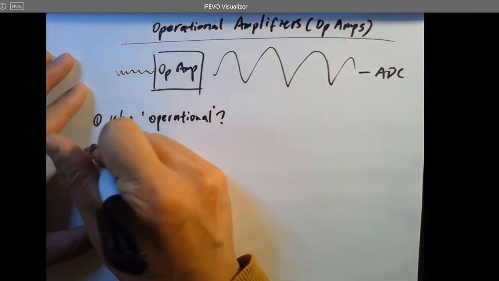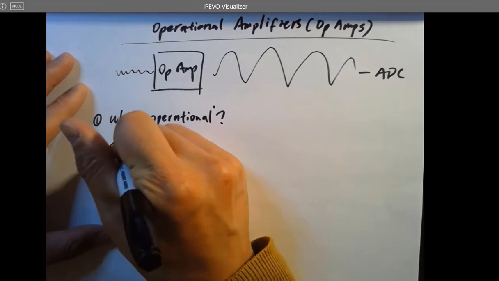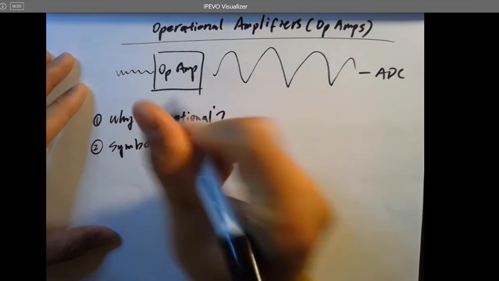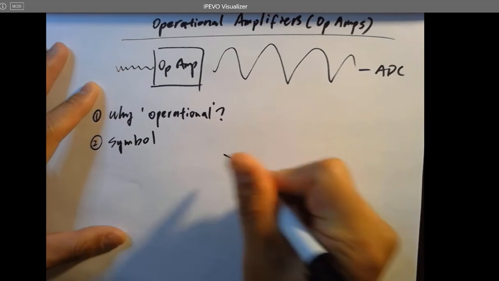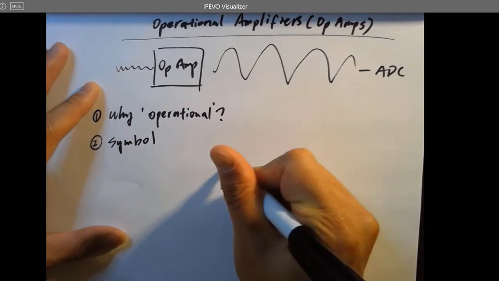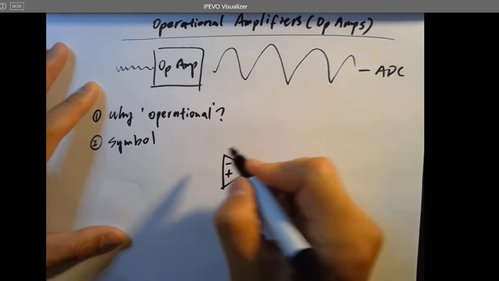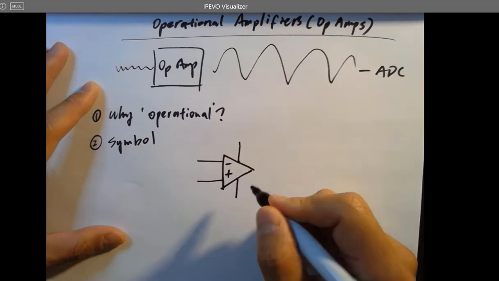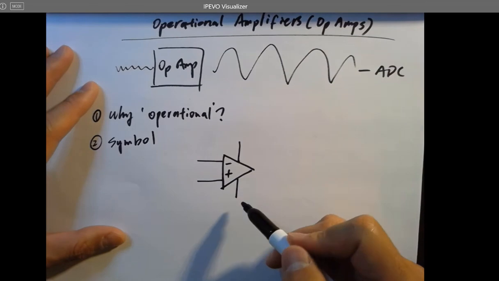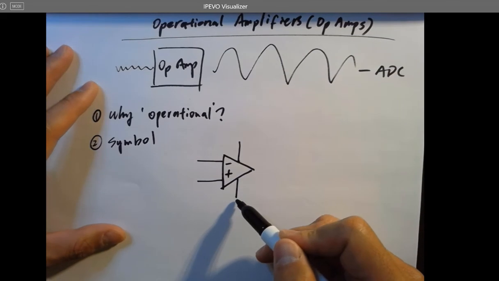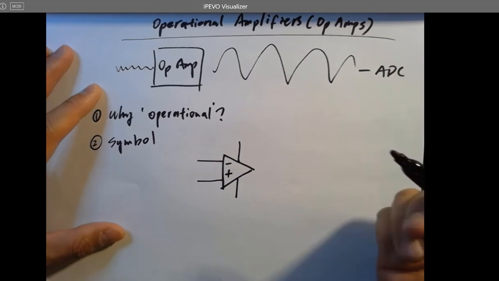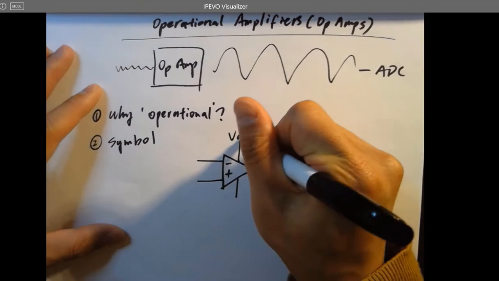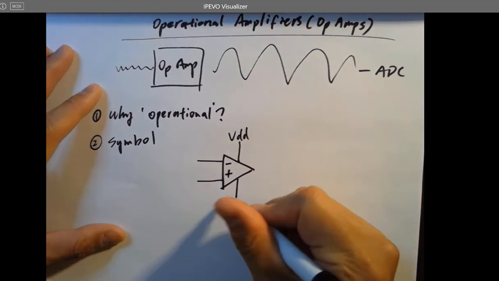And the symbol for an op-amp looks like this. It's a triangle shape and has two inputs, one power, one ground. It doesn't have to be a ground, but that's the lowest potential in the circuit. You can treat it as the power rail and the ground rail, right?